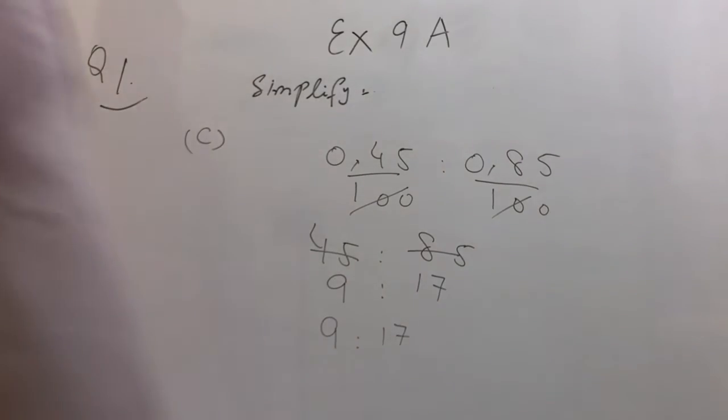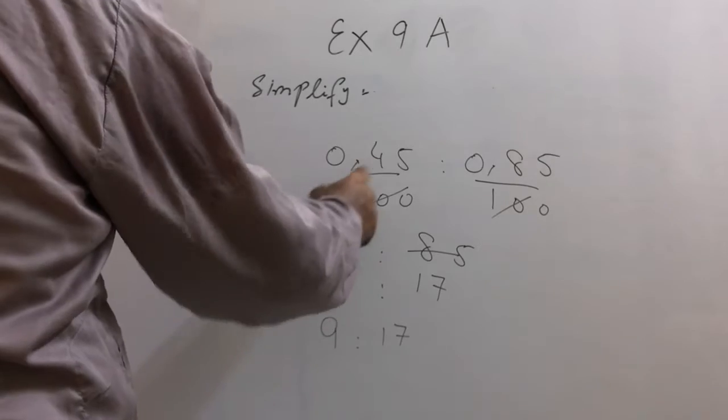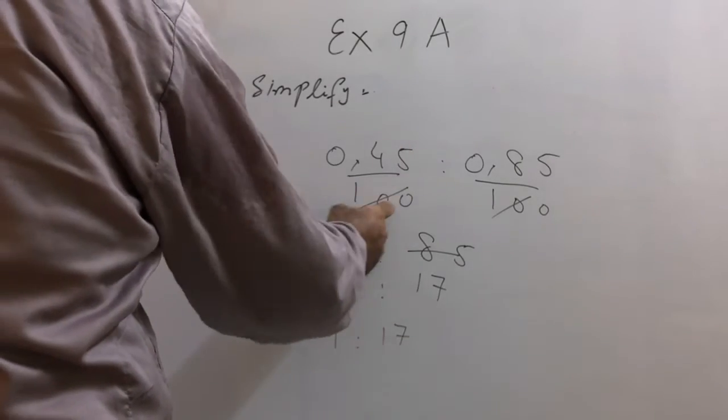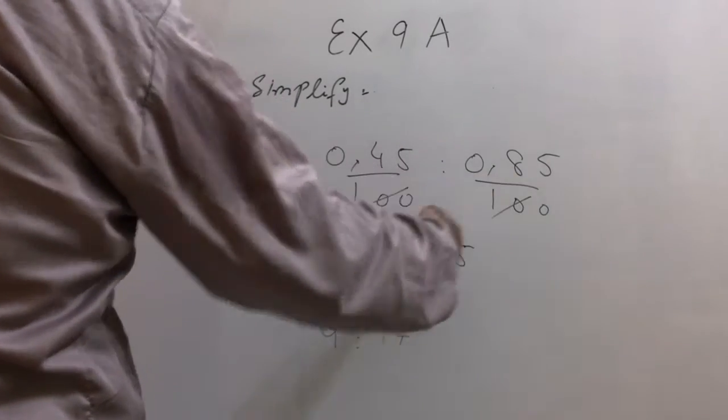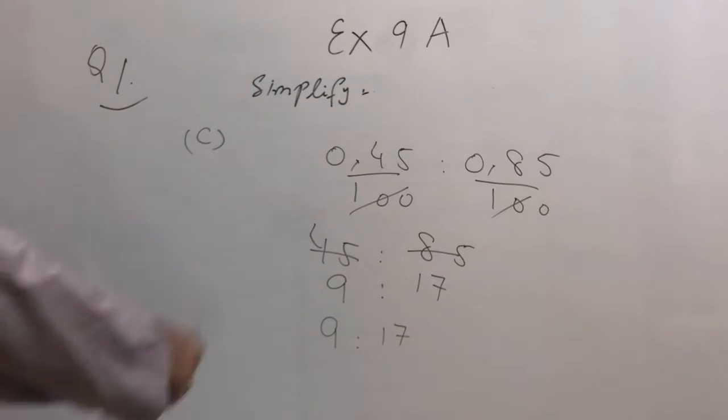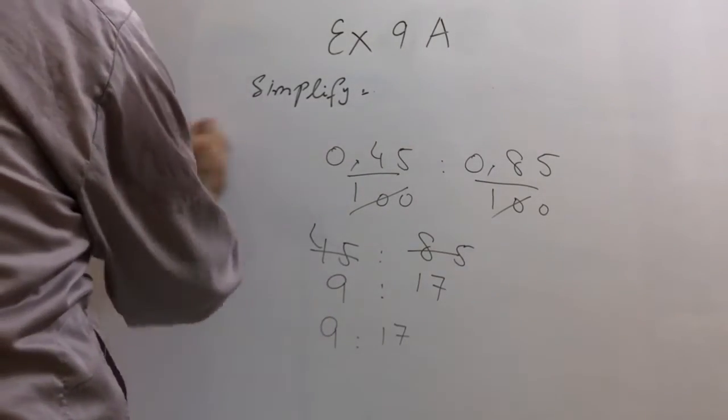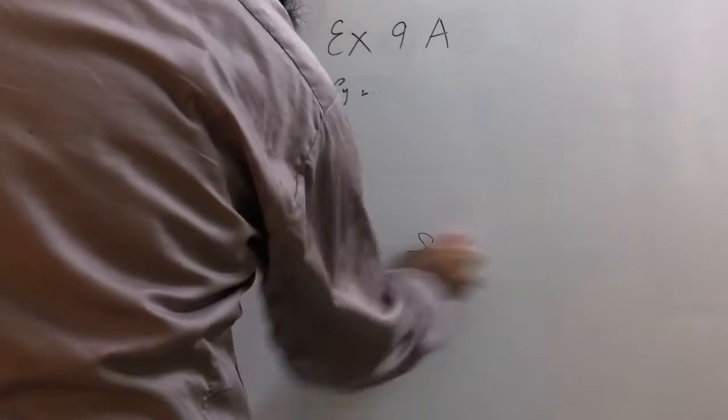So this was very simple. We just removed the points, decimals on both sides, and below we wrote 1 in place of decimal, and these are two numbers on the right side. We put 2 zeros. Similarly we did here. 100 was cancelled with 100. So we got 45 ratio 85. Then we simplified these two numbers.